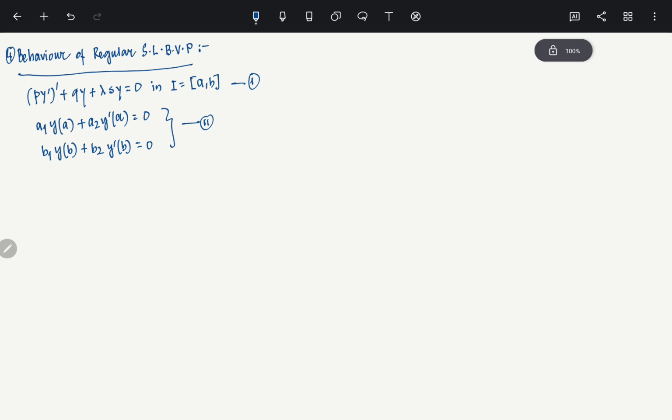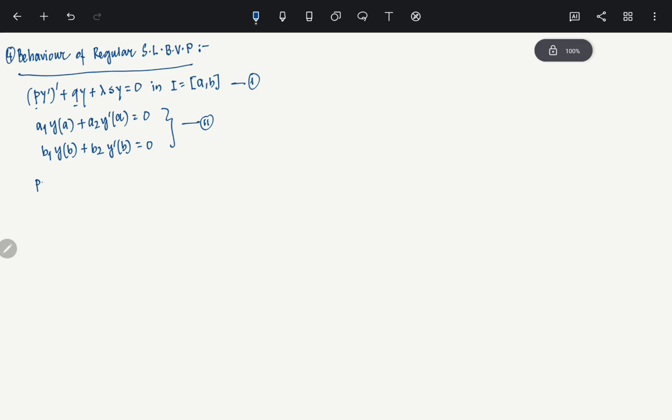Welcome students to the fourth lecture of this PDE course. In this lecture we are going to talk about some behavior of regular Sturm-Liouville boundary value problems. If you recall, the equation we are going to study looks like this: (p y')' + q y + lambda s y = 0.